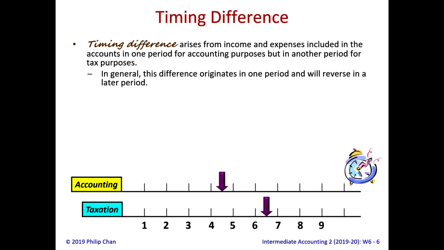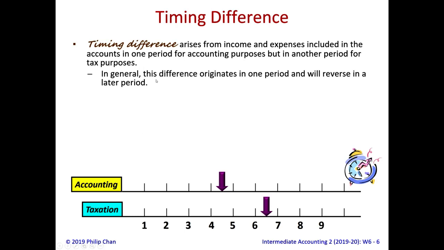So an item like revenue can be recognized in accounting reports, or profit and loss, in period, let's say in this case, period 5, but then from a tax point of view, it could in fact be considered to be an income in year 7. For instance, it could be recognized from a tax point of view at the date when you're receiving the money, as compared to when you're recognizing the revenue. So they could be different.